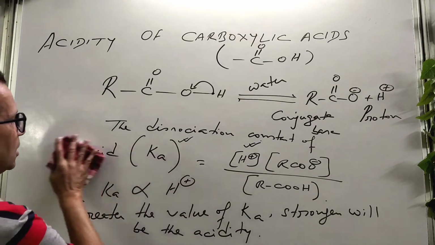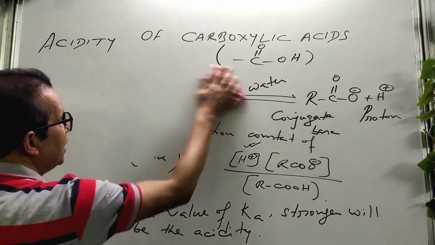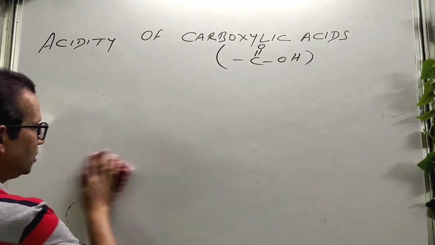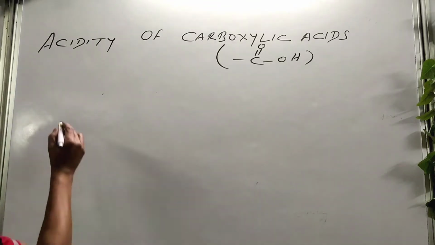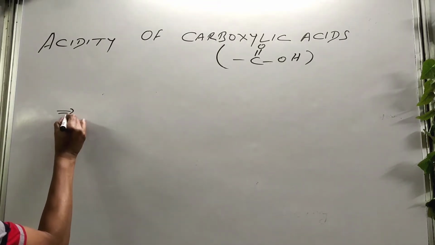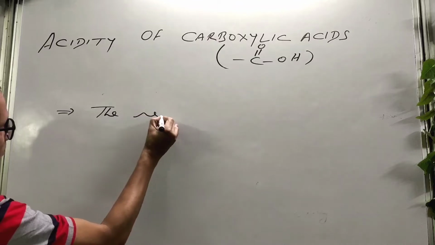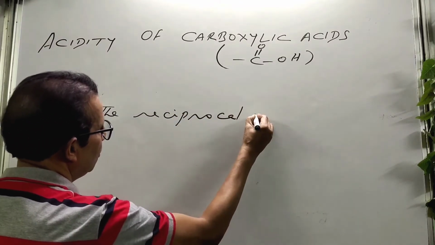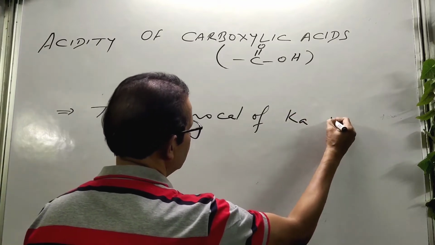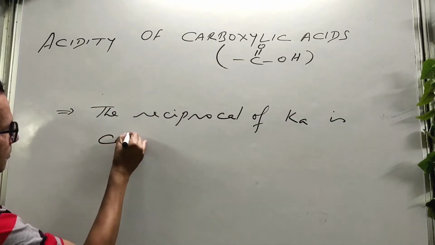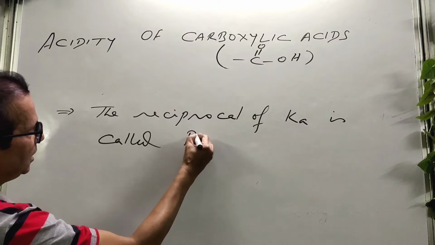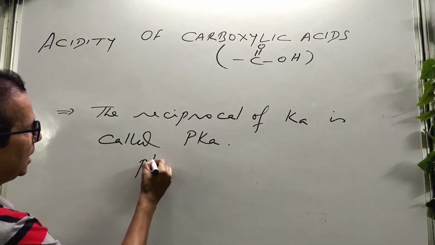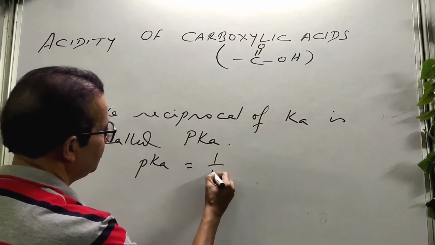Now, the reverse of Ka is called pKa. Write down. The reciprocal of Ka is called pKa. So pKa equals 1 upon Ka.